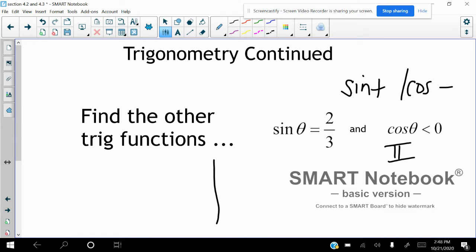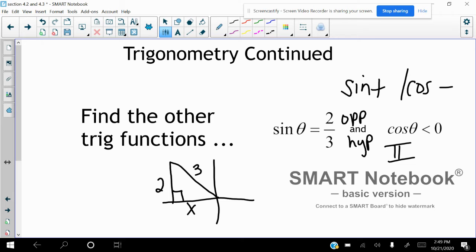Now, I'm just going to draw a quick little sketch. Sometimes these help. Second quadrant is my triangle here. Remember, sine is opposite over hypotenuse, right? So my sine value opposite would be 2, hypotenuse would be 3, and the piece that we're missing here is my x.